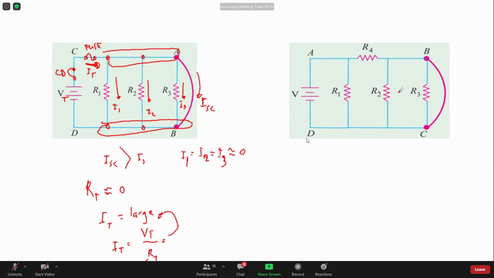what would be the equivalent resistance here? No? In terms of equation lang. So, do you think ang current diri sa I1 is R1 is approximately zero? Same with this current here.